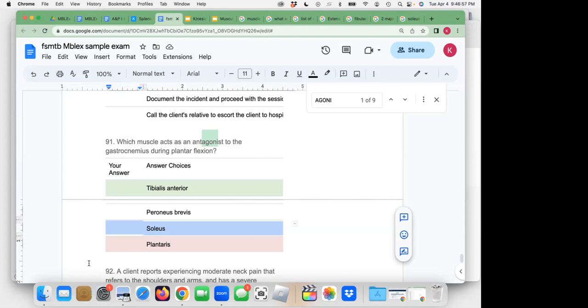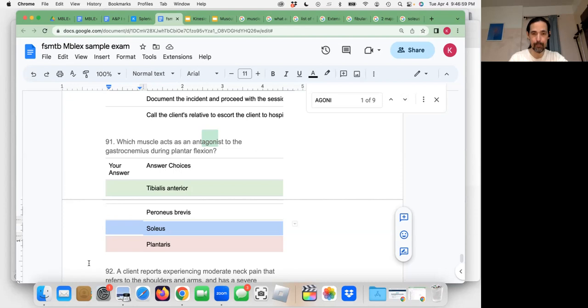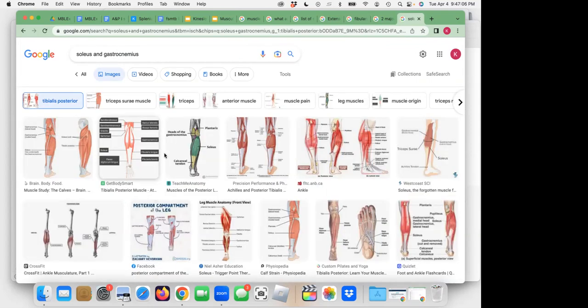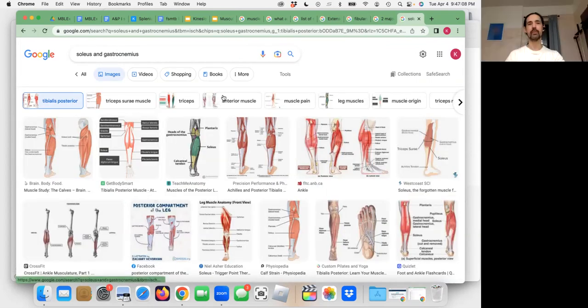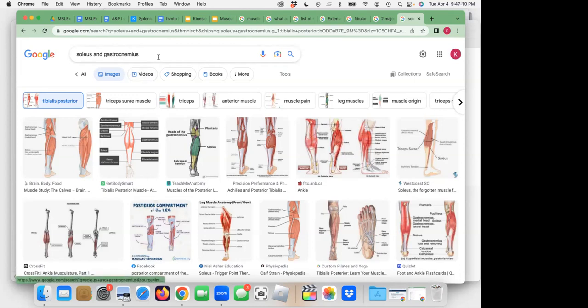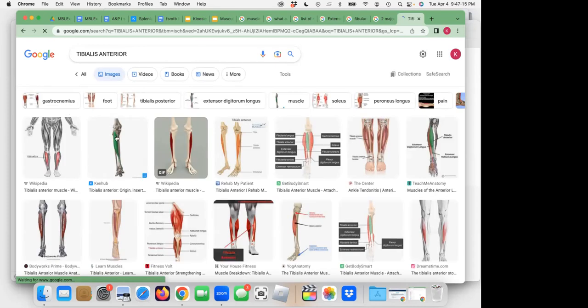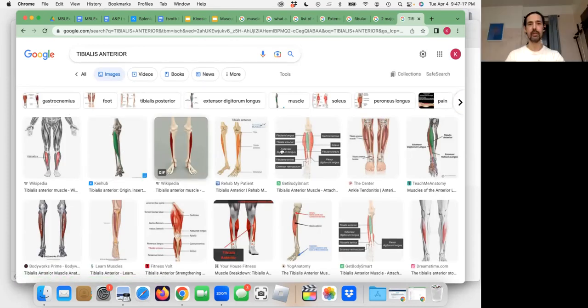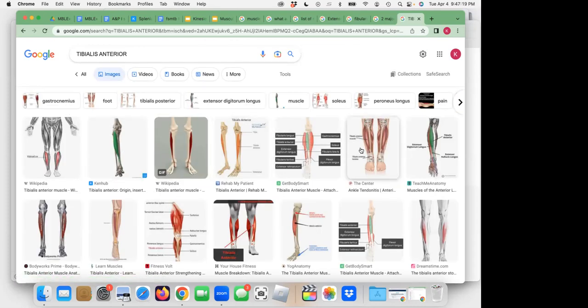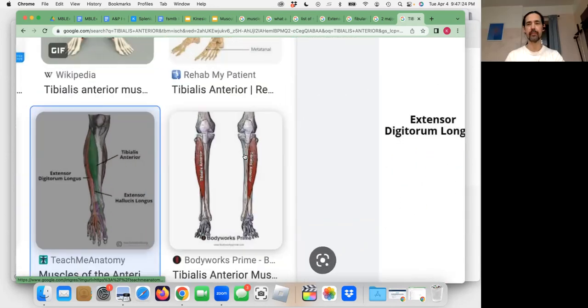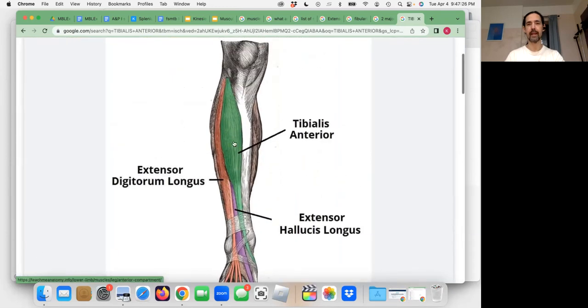I'm not sure. Okay, so on the front of the tibia, it's not showing me, oh, I see tibialis posterior. On the front of the shin, the front of the tibia, would be the tibialis anterior.